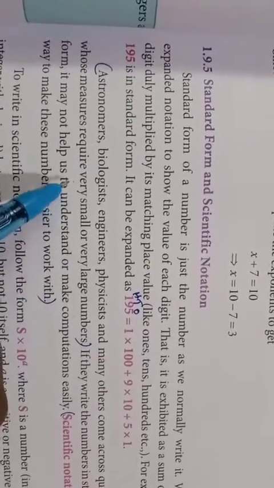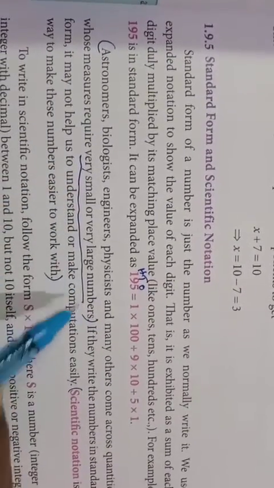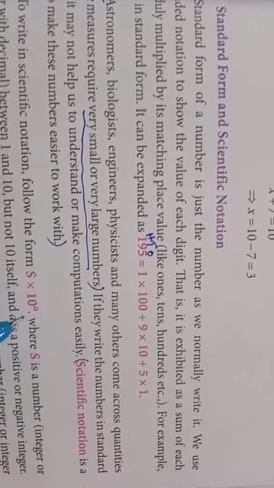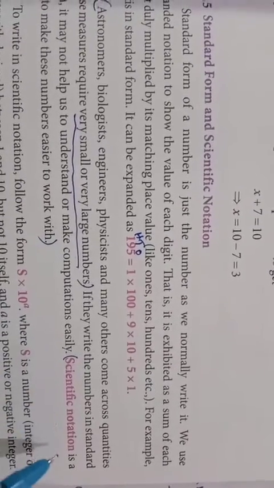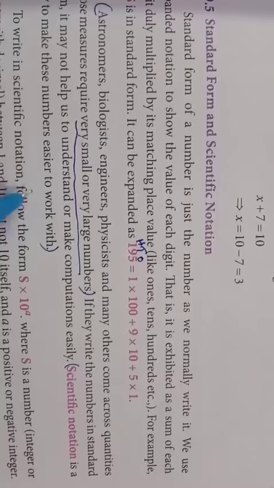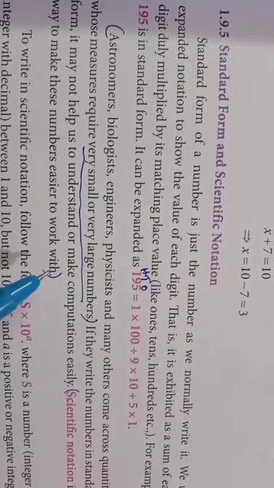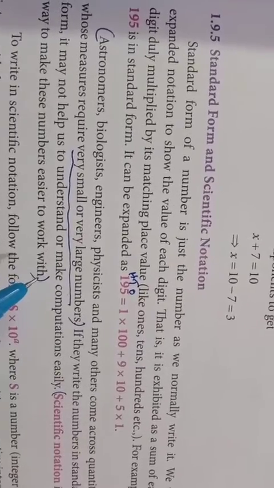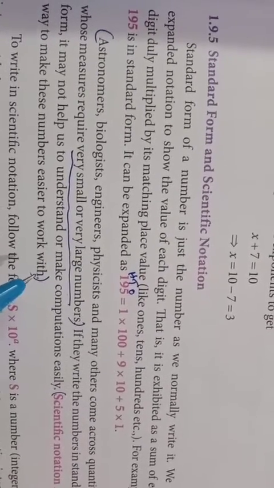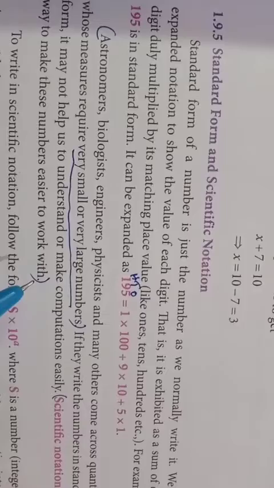Scientific notation is used for very small or very large numbers. It is a way to make these numbers easier to work with, easier to read and to remember.